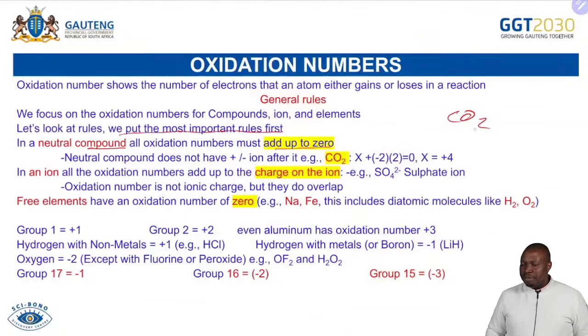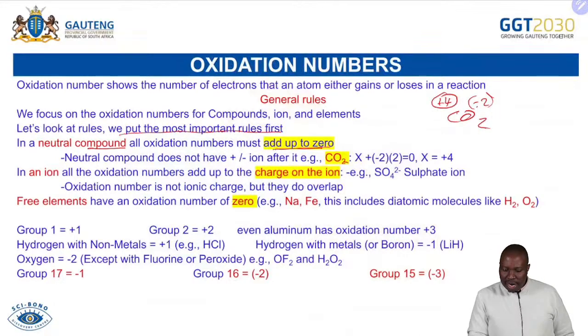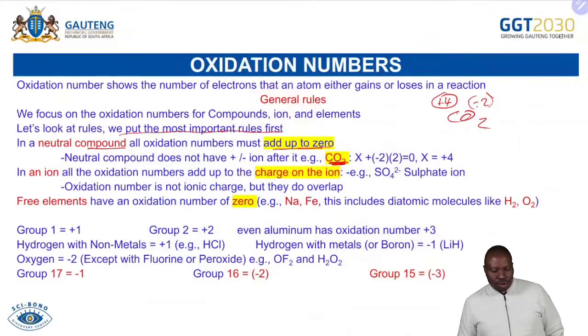Those things always remember. So oxygen is -2, group 16, and then -2 times 2 is -4, which means the oxidation number of carbon is +4. Because when we add the oxidation numbers, they must always add up to 0. So 4 minus 4 is 0, hence CO2 is neutral. Always the oxidation number adds up to 0.